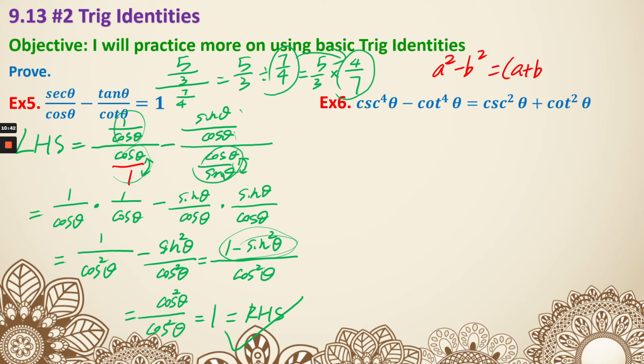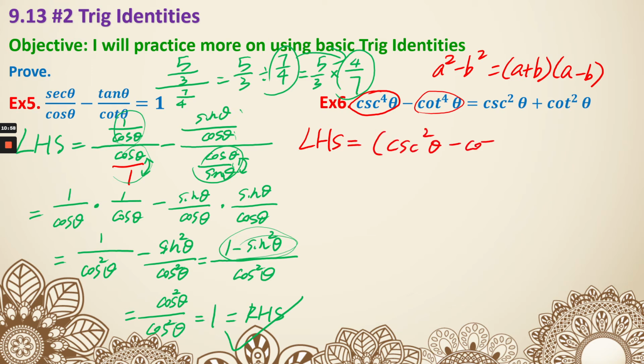That is going to be one parenthesis being added, another parenthesis being subtracted. So in this case, 2 to the 4th power is a perfect square. That is also a perfect square. So I'm going to actually rewrite the left-hand side. That's going to become cosecant squared minus cotangent squared times cosecant squared plus cotangent squared.